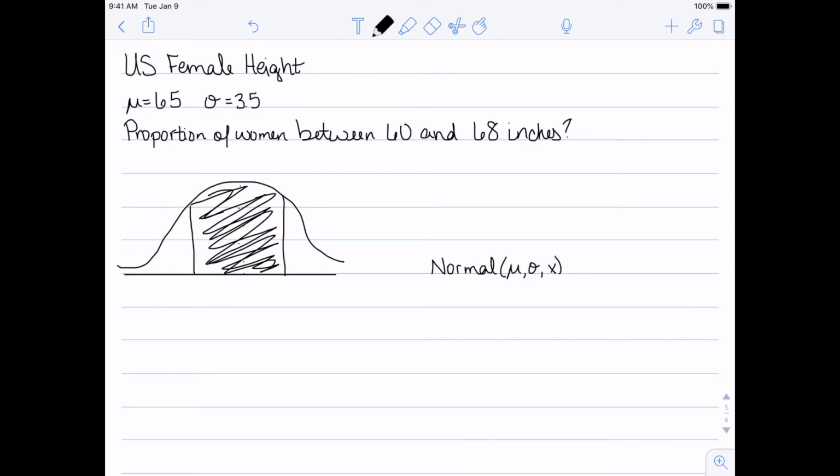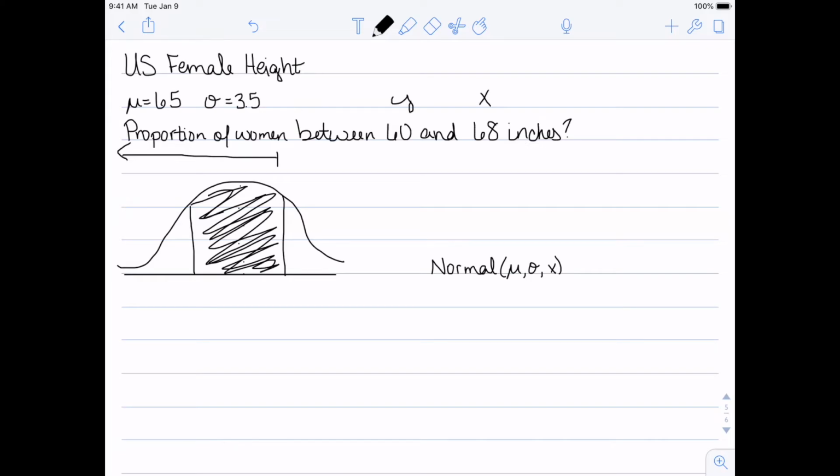In order to do that, once again, we're going to modify our normal command on our calculator. So the normal for, let's say, 68 is x and 60 is y. In general, we want to consider the bigger number first. If I stick that into my calculator, it gives me the area all to the left of 68, which is more than I want.